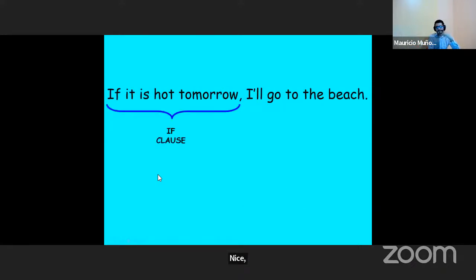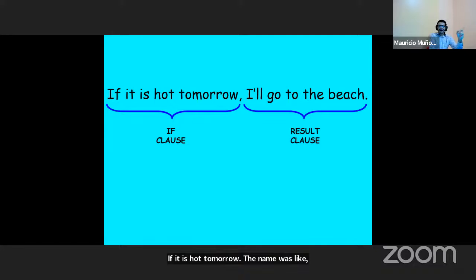Take a look. This is the first clause, the one with the word if. This is the condition. In other words, it is the action or what happens. If it is hot tomorrow, we have the consequence of that action. I'll go. Iré is future. Okay? Future. Result of the condition.